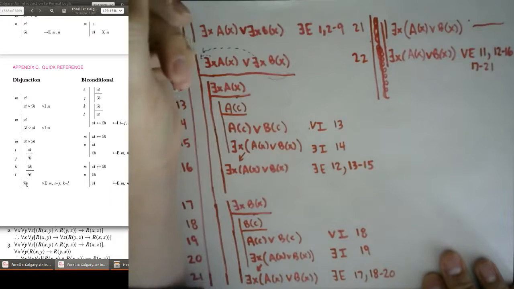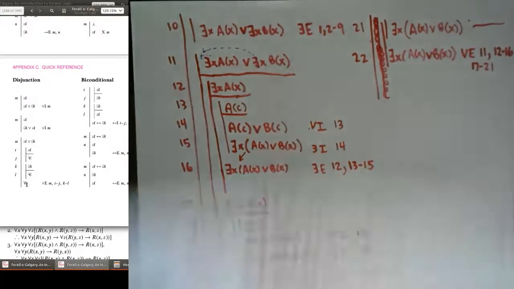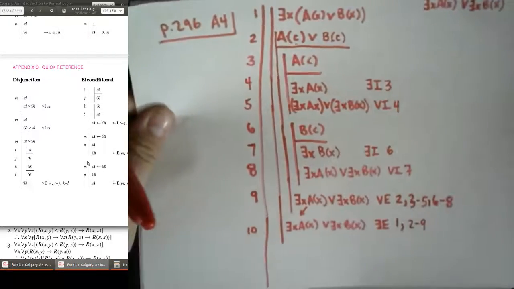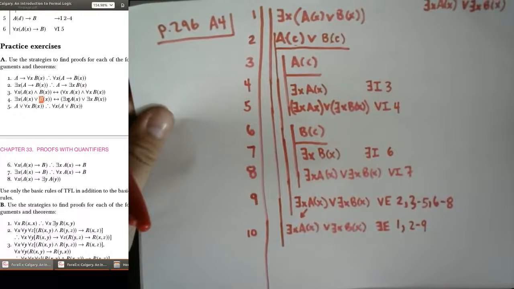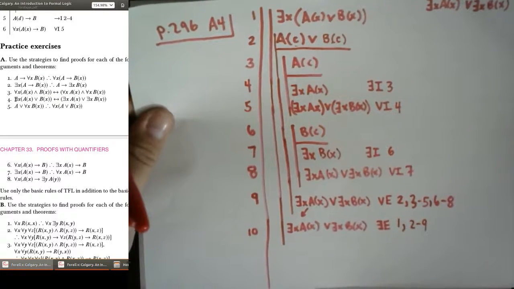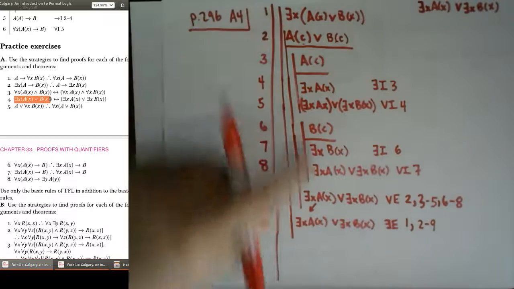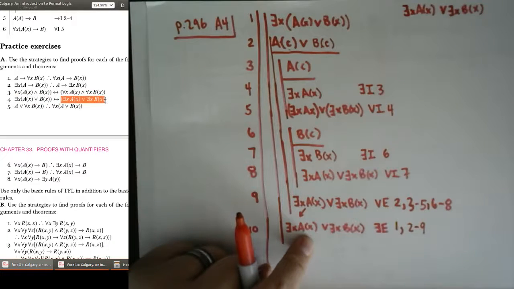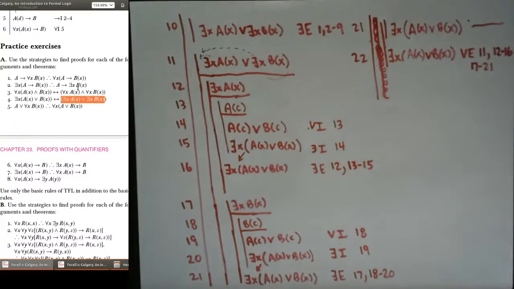So now, what do we have overall? Where'd my proof go? Ah, here it is. So our goal was to show this biconditional. The first page, we started with the left side, and we ended the proof with the right side. So we've shown that the left implies the right.